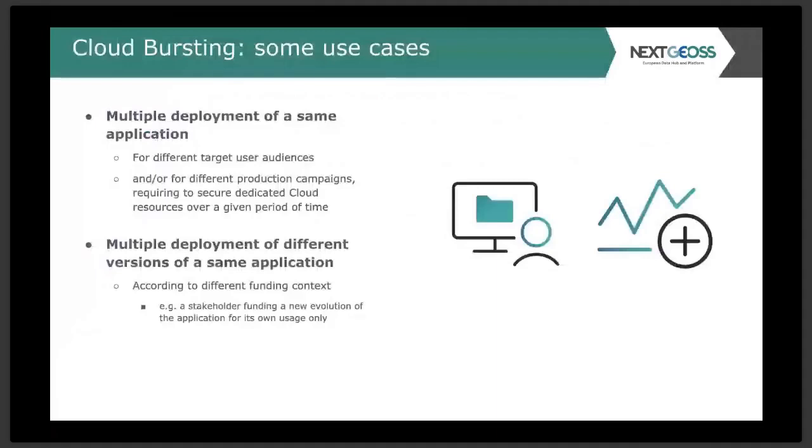So cloud bursting, some use cases. There are many different reasons why some application developer or some project director might be interested in this capacity. In a nutshell, it is about capitalizing on a software development, an application where you have in place all the data interoperability and all the scalability layers in your application, and you don't want to change this as you move from one cloud to the other for your production needs.